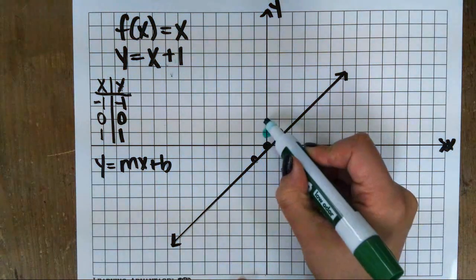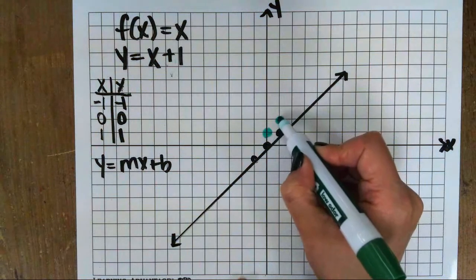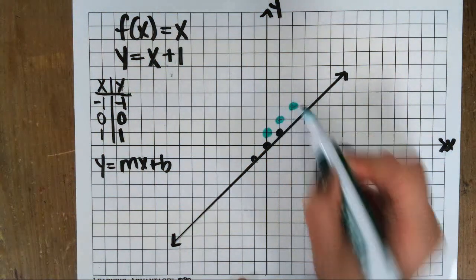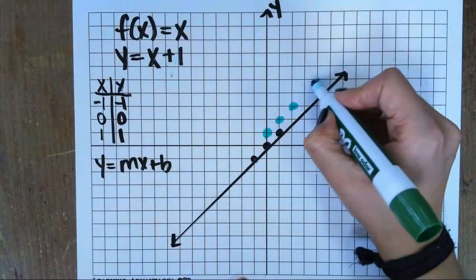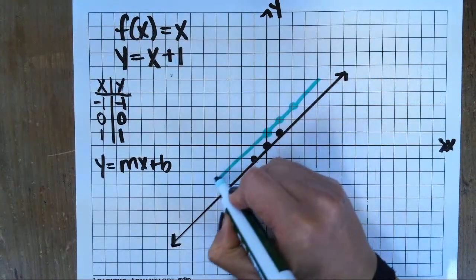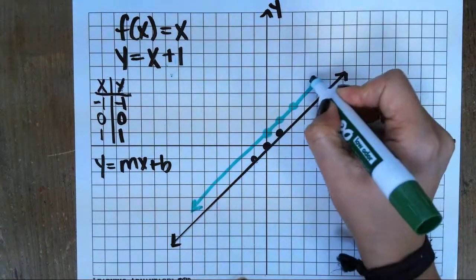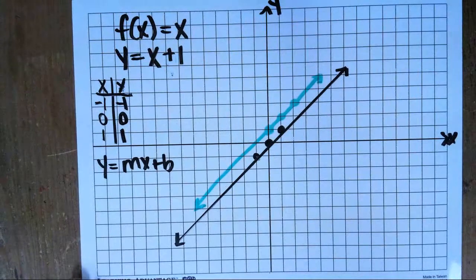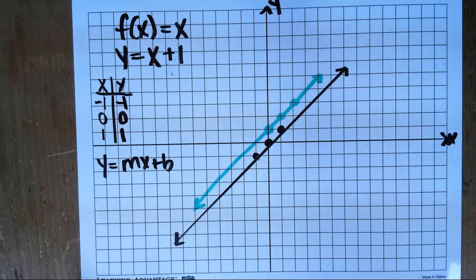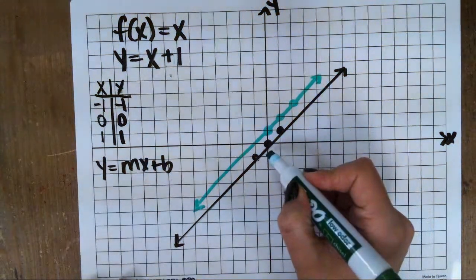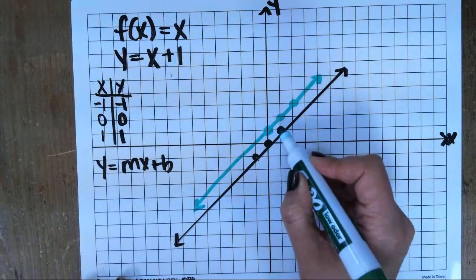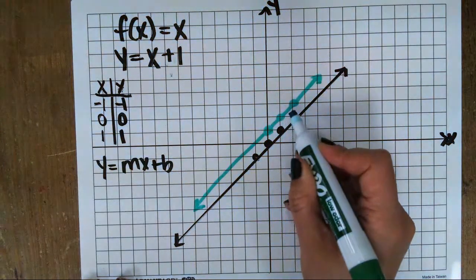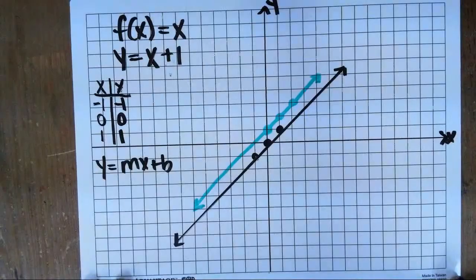So that means I go up 1 to the right 1, up 1 to the right 1. All right, so my line looks like this. Now notice that my line looks almost exactly the same. The only difference between this line and the original line that I graphed is that it has been shifted 1 unit up. Every single point has been shifted 1 unit up.